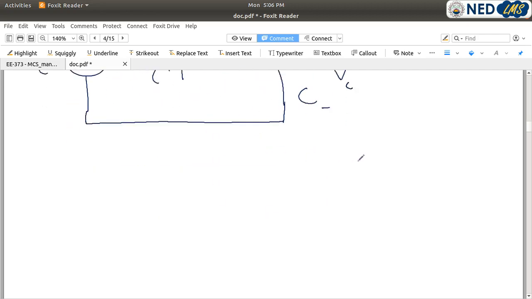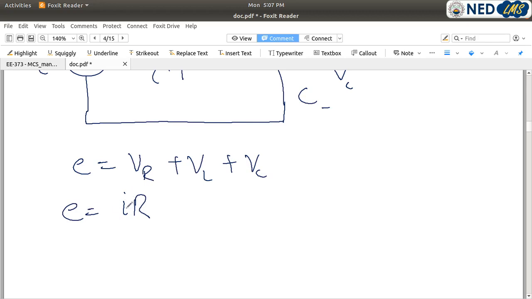So E is equal to VR plus VL plus VC, or I can write E is equal to I into R, current flowing in the resistor multiplied by R, plus L di/dt plus VC. This will become equation number 1.